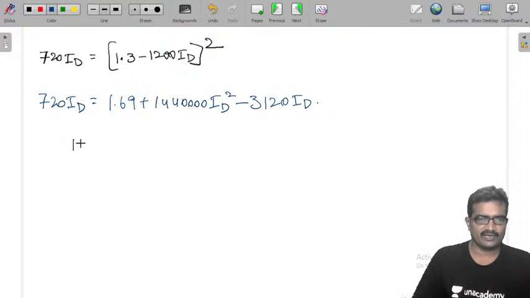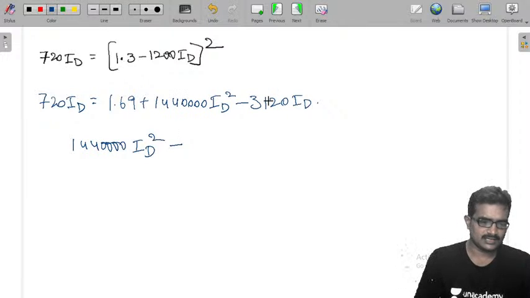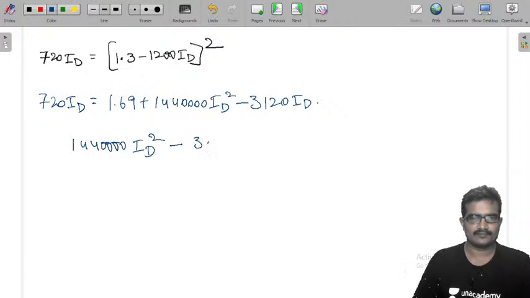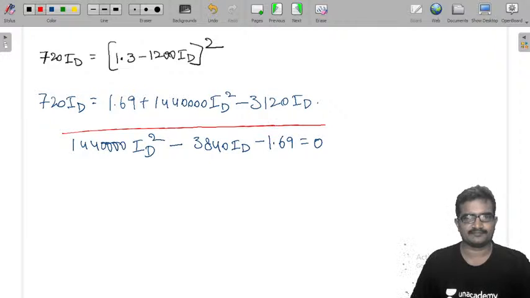Now it is 1440000 ID square minus 3120 plus 720, that is 3840 ID, minus 1.69 equal to 0. So this is the final equation.